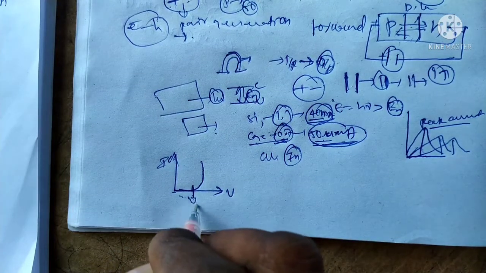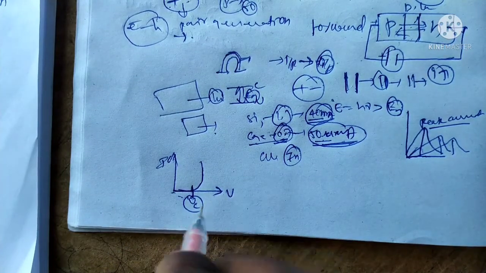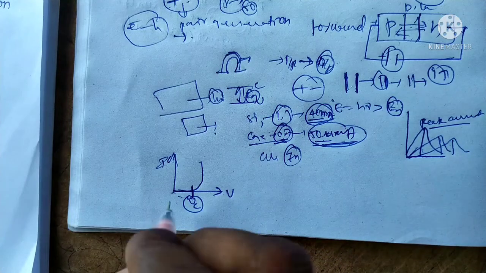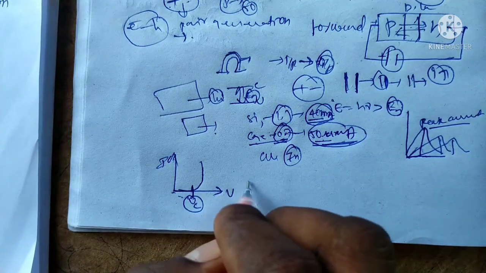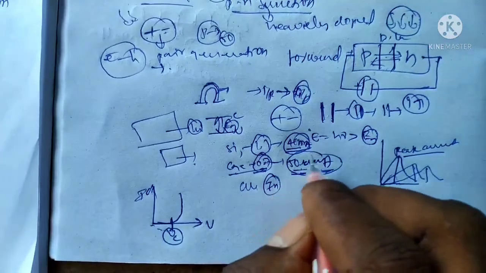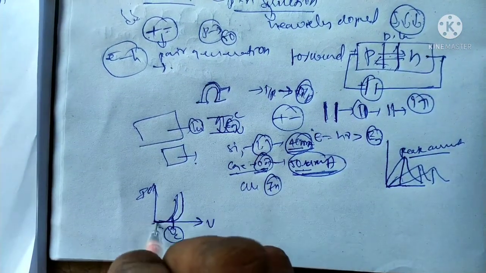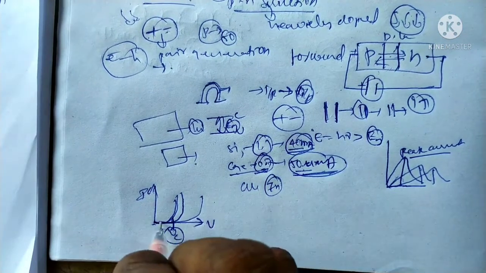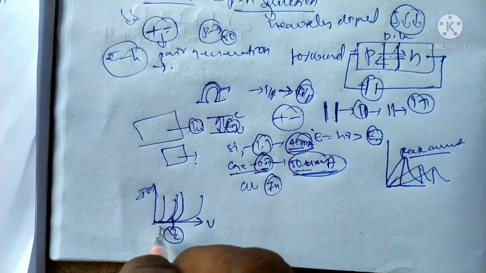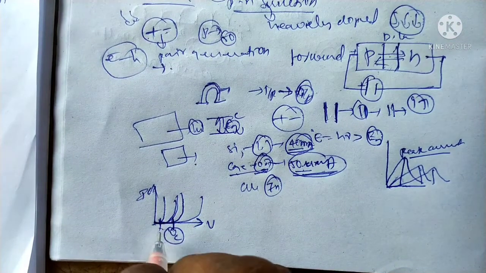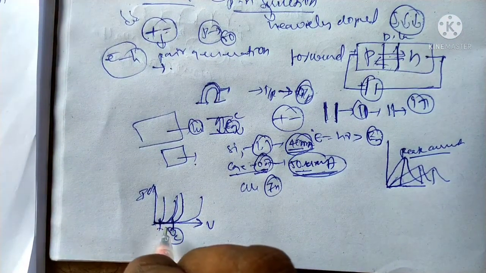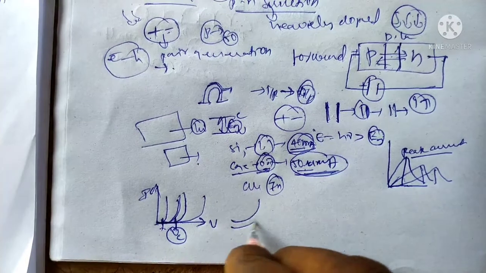Up to this voltage is called the critical voltage or threshold voltage. This occurs in the case of forward bias. It depends upon the band gap. Some materials have a low band gap, some a high band gap, some a very small band gap. So up to a certain voltage we get current like this.